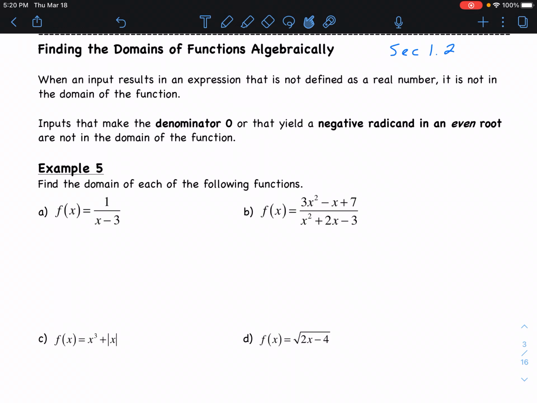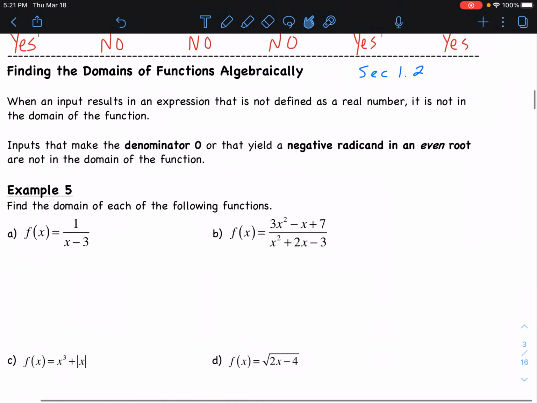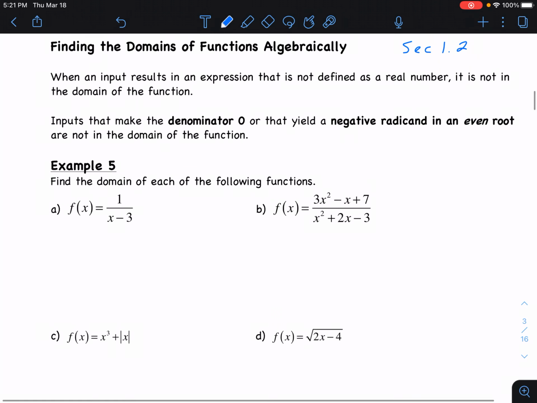So when an input, also known as x values, results in an expression that is not defined as a real number, for example, like a square root of a negative or a 0 in a denominator, then it is not in the domain of a function. For example, I'll show you a simple example right here on the side real quick.